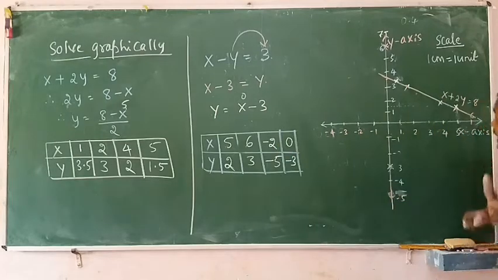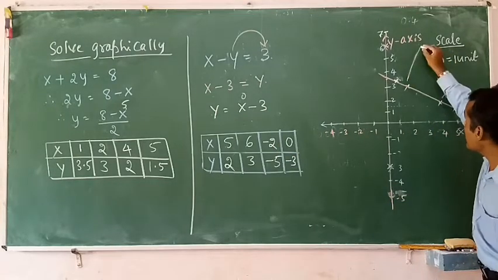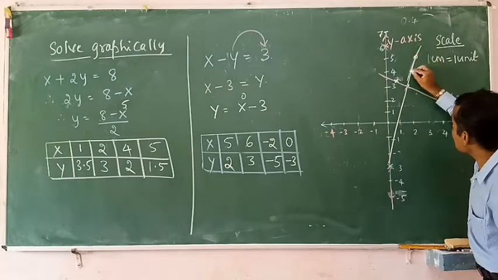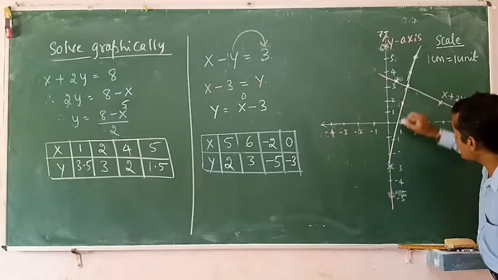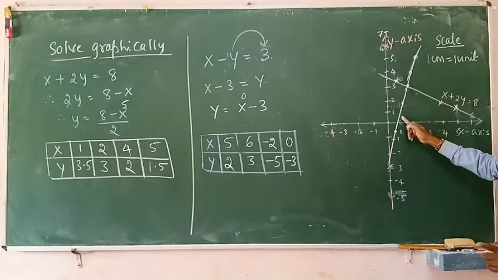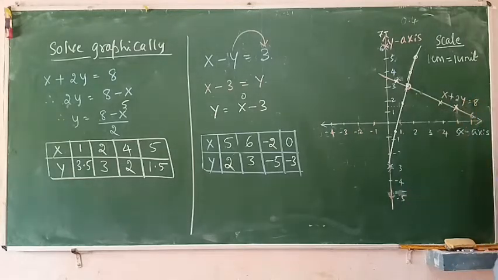If I draw one more straight line like this, with some points, they are also solutions of this equation. One more equation, and this is called a common solution.